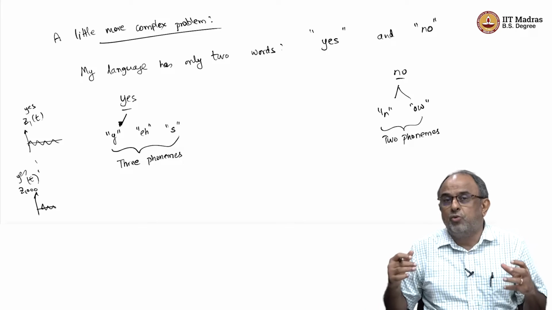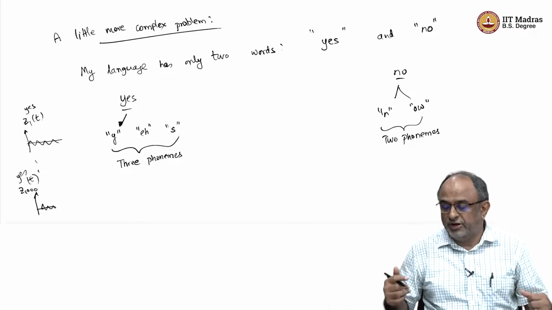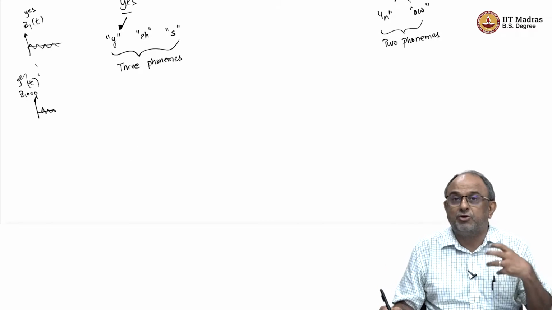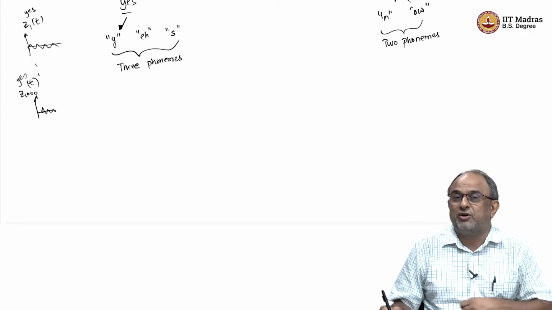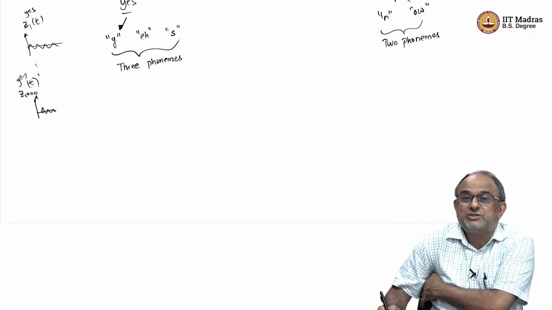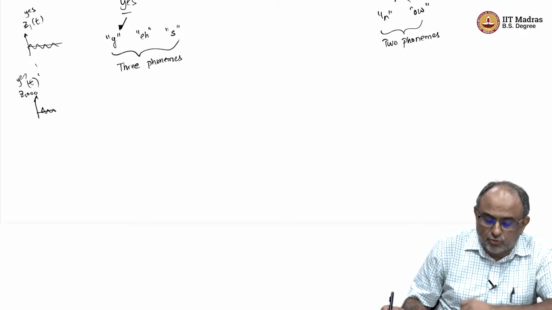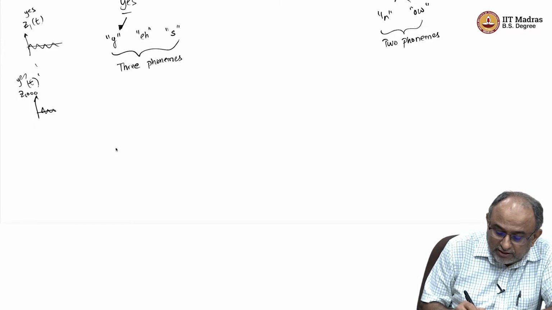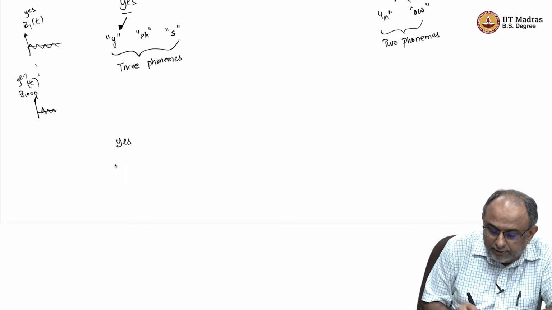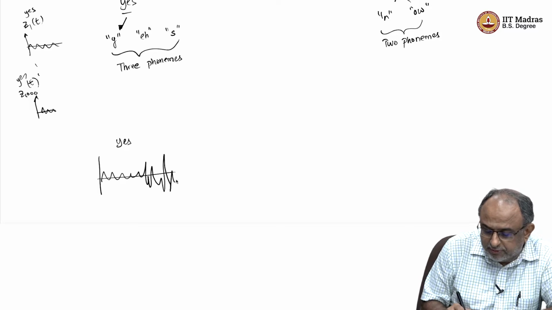Now we are going to see why this is leading towards what we call a hidden Markov model, because we are going to deal with a sequence of sounds. So if you look at the sound yes, the waveform for Z1(t) will be like this.